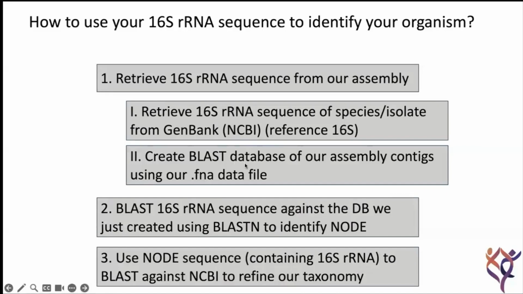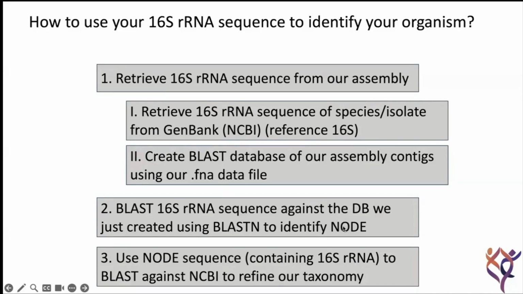We will then create a BLAST database from our assembly contigs using our FNA data file. So we take that FNA file, the nucleotide sequence file, and convert it into a BLAST database that we can then search for our 16S sequence.